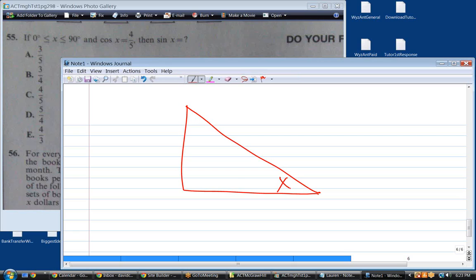Now, based on the fact that the cosine of x is equal to 4 over 5, how can I dimension that triangle? My goal is to draw all three dimensions on this triangle and then just read what sine of x is from the three sides. So what are two of the sides?